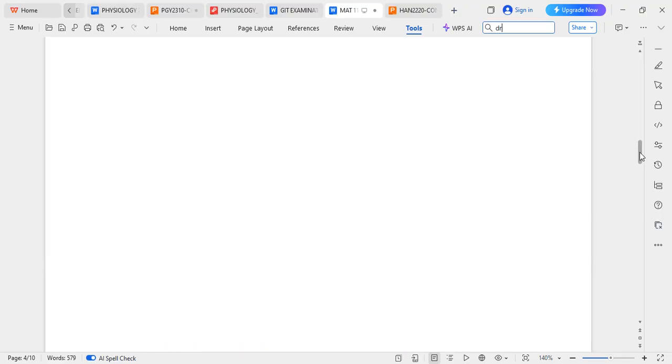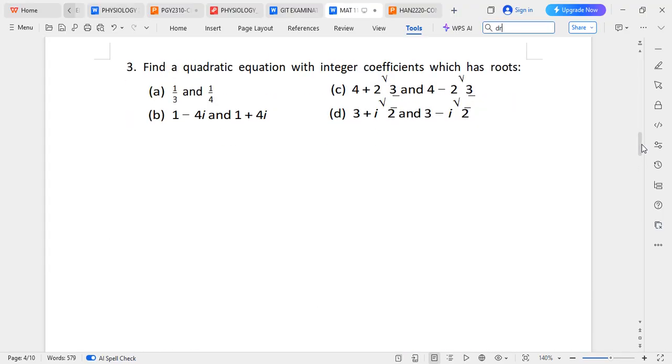Okay. So next is find the quadratic equation with integer coefficients which has roots 1 over 3 and 1 over 4. Now, something that has got these roots.